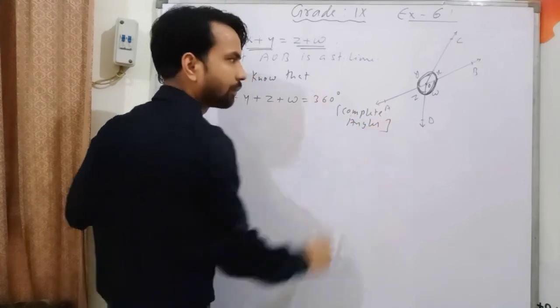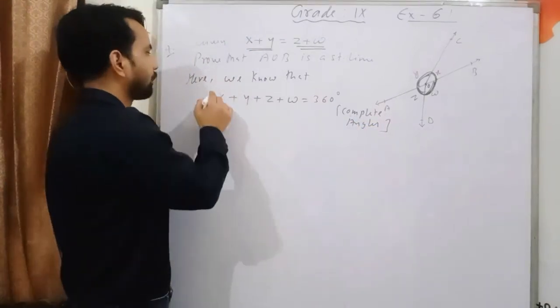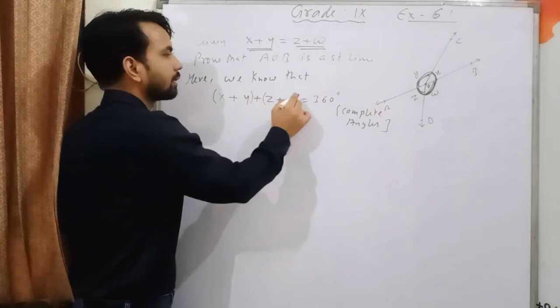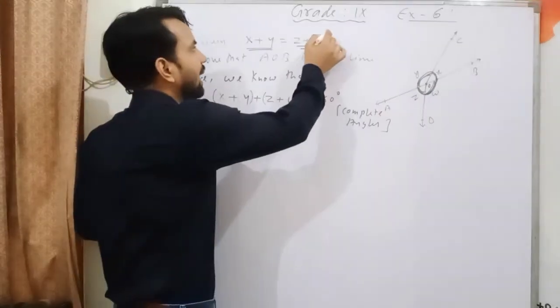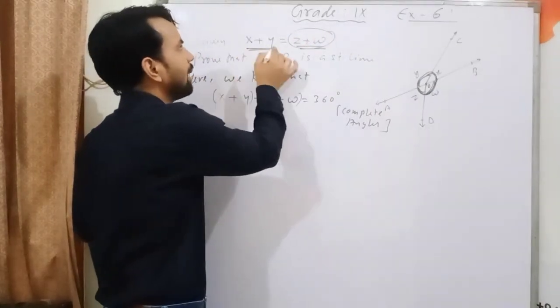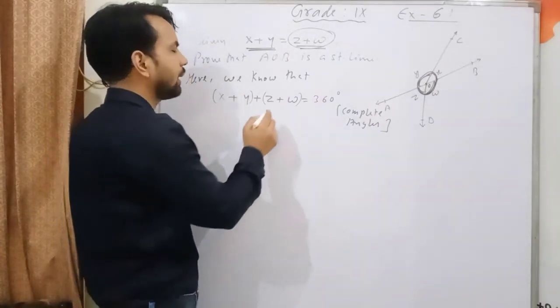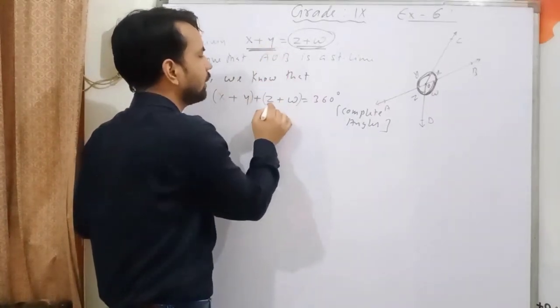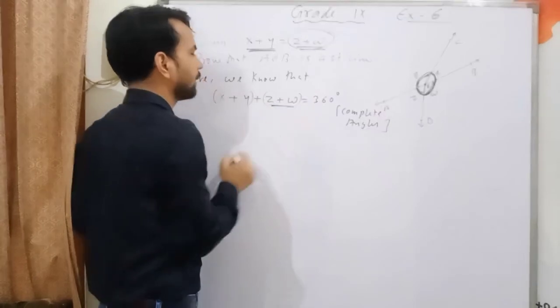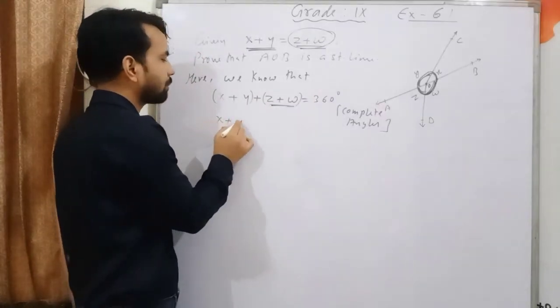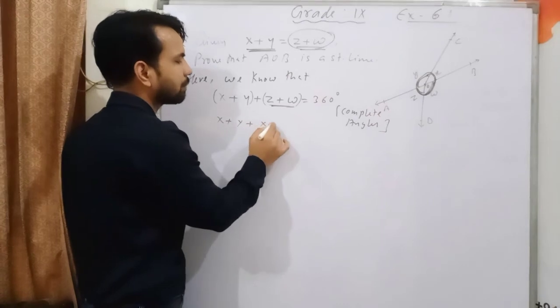Clear? Now see, I am putting here the brackets. See, z plus w equals to x plus y. This is given in the question. Yes. So we can substitute x plus y in place of w plus z. So we can write x plus y plus x plus y.